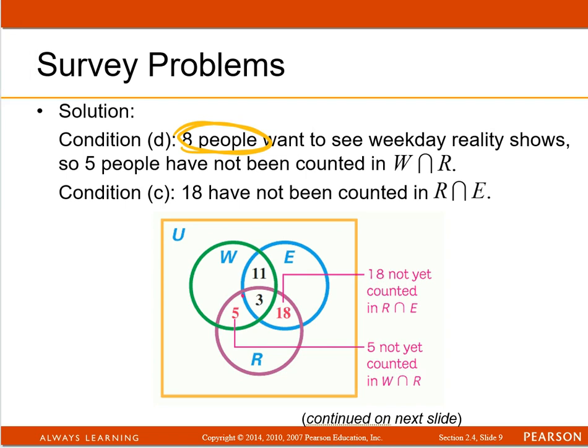And then they did the same thing with the other one, which is where condition C was reality intersected with, let me go back to that. Where was the original problem?